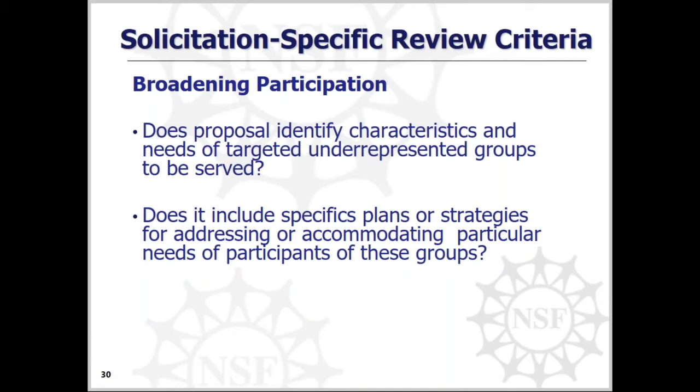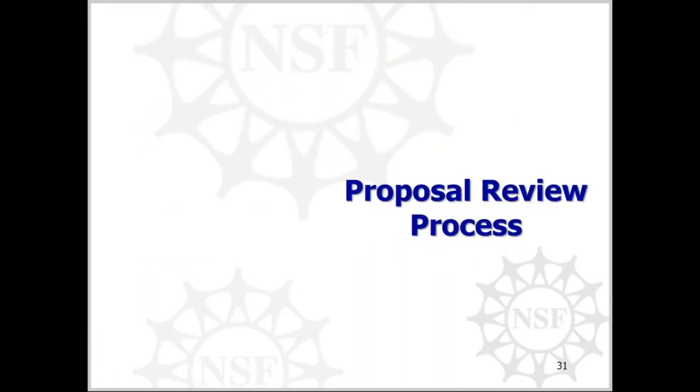So if your project mentions in any way that it is going to address and/or include an underrepresented group or individuals from underrepresented groups, then we will expect to see that these review criteria have been addressed somewhere in the proposal. And it shouldn't be implicit, okay? So you may want to actually explicitly find a way to address these two criteria in the proposal.